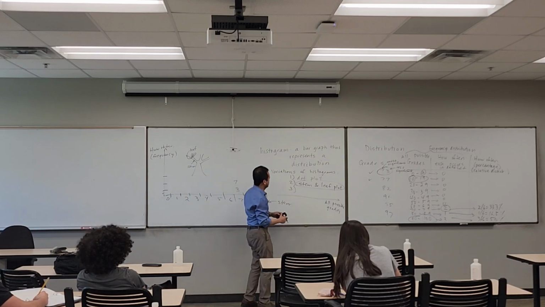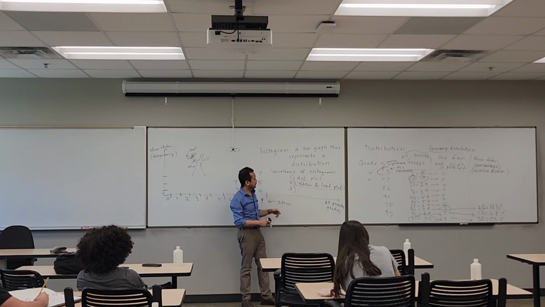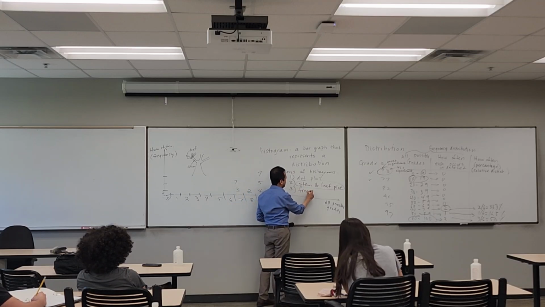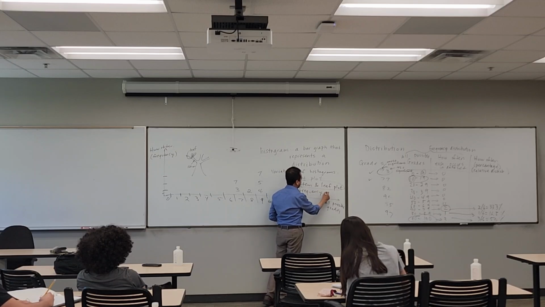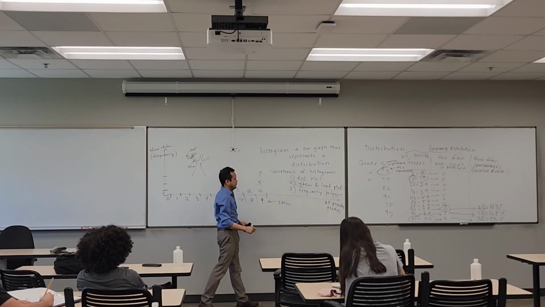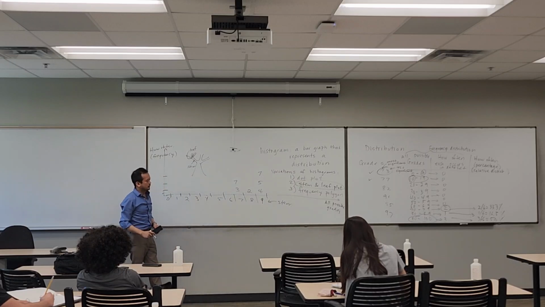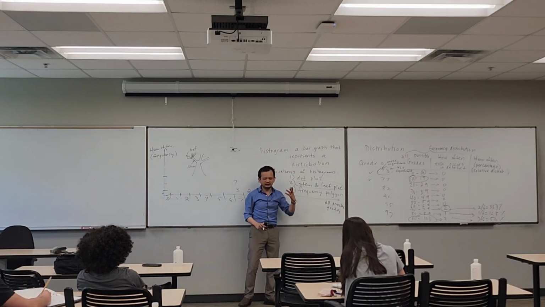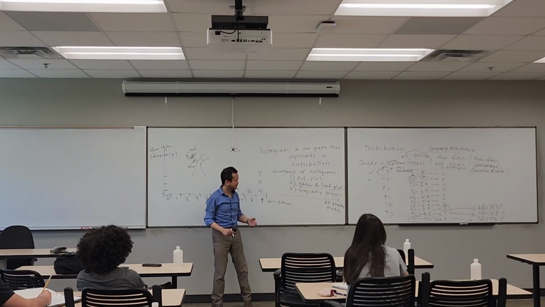All right, let's talk about the next variation of a histogram. This is called a frequency polygon. A frequency polygon has a very complicated name for something that is very simple.